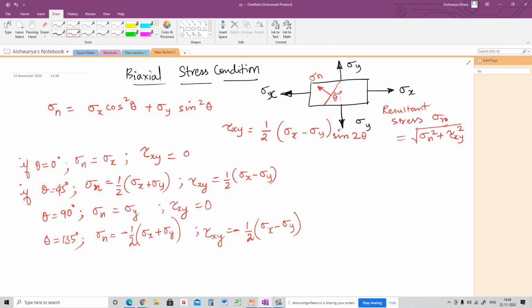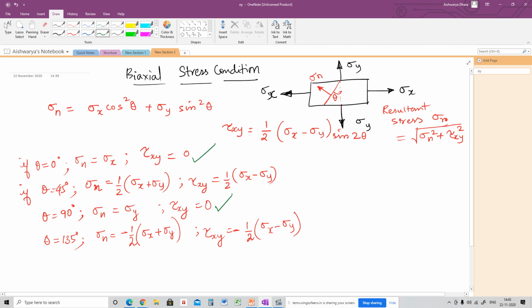Now you tell me what important conclusions we can bring into the picture from here. The principal planes are at 0 and 90 degree, right?